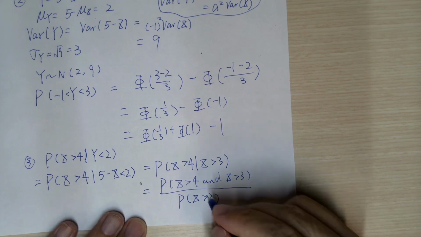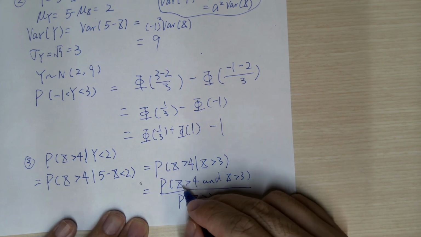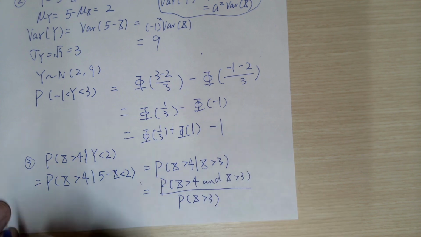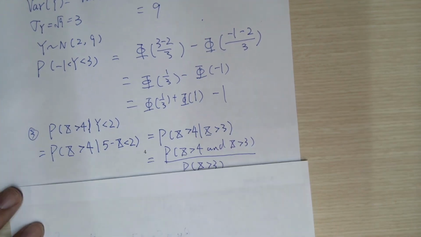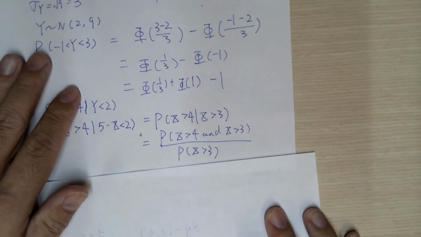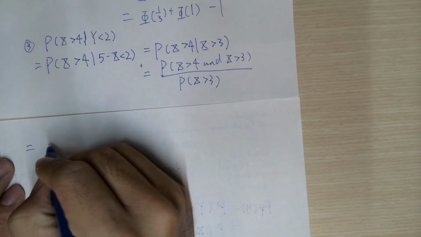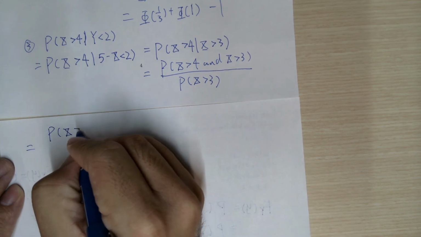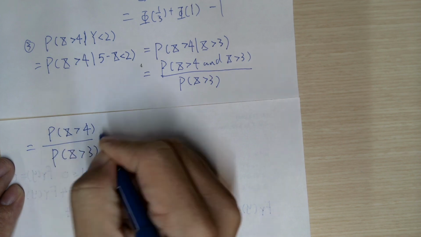And hence, the intersection is strictly the probability that X is greater than 4, right? So this part equals the probability of X greater than 4 over the probability of X greater than 3.